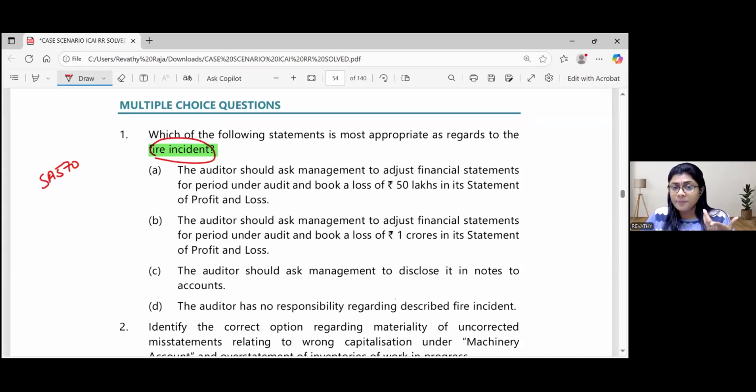Financial, operational, other indicator. Plus, it is also an event which might occur after the balance sheet date. So one more SA might come to your mind: 560. I was just asking outside the question. Now, can you go in search of fire in the question?